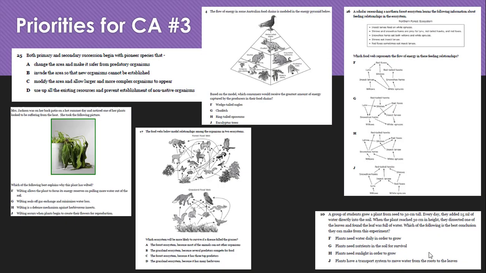Okay, so let's check out CA number 3. I pulled out all of the questions that relate to this unit. We can see up here, number 25, they need to be able to distinguish between primary and secondary succession in words. They need to be able to identify behaviors of plants and why that happens. They need to know about wilting and the different kinds of tropisms that occur within plants.